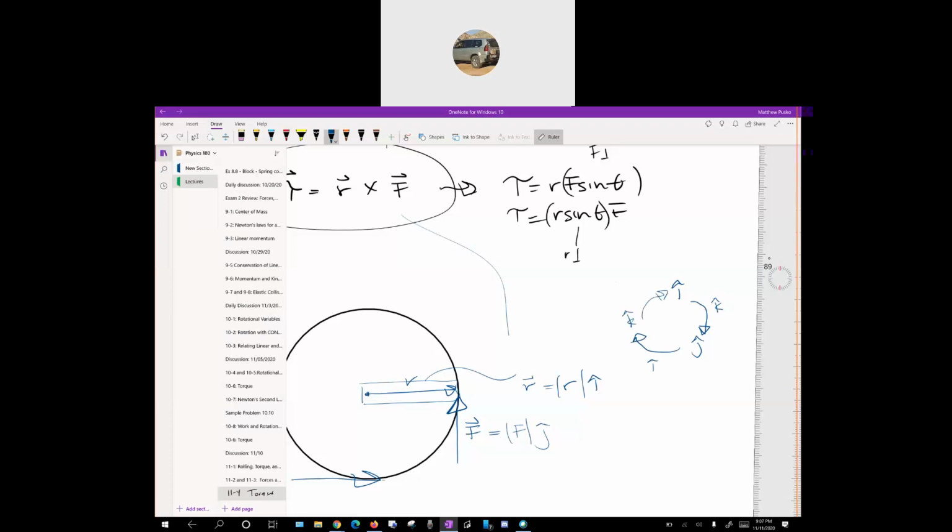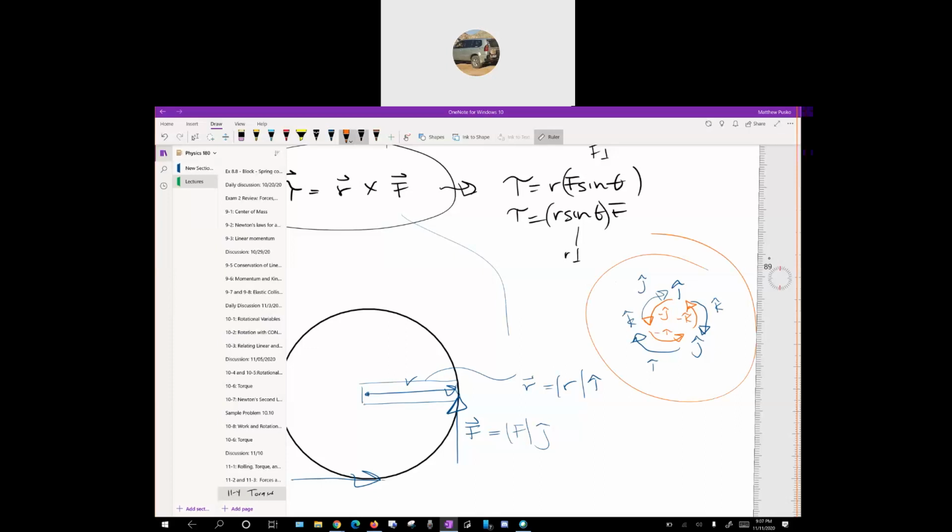And k crossed into i gives you positive j. And we can go the other way. We can say i crossed into k gives us a minus j. k crossed into j will give us a minus i. And j crossed into i will give us a minus k. So I recommend remembering that right there. That'll get you by about 90% of the time.